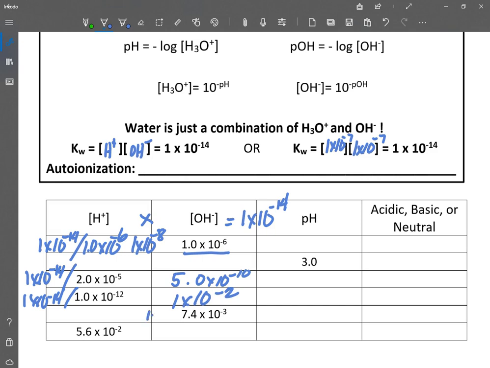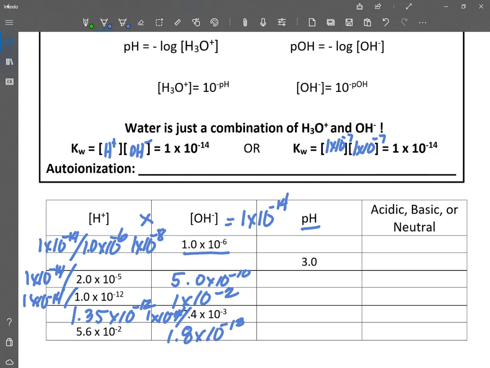The next one, 1 times 10 to the negative 14th divided by 7.4 times 10 to the negative 3rd, we end up with 1.35 times 10 to the negative 12th. And the last one, if we divide them, 0.8 times 10 to the negative 13th. Now, pH. Tricky little devil here.